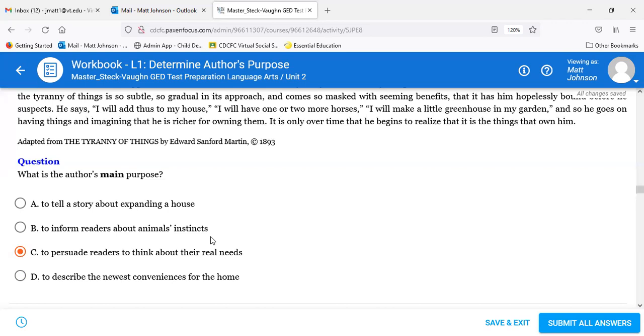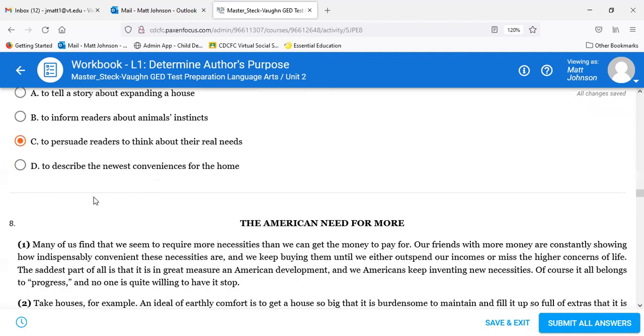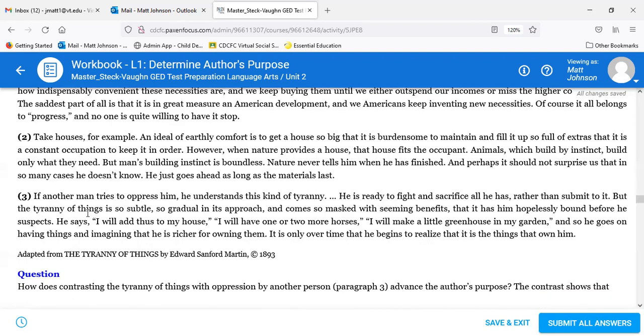In the natural world, an animal either builds a habitat to its size, or it only grows to the size of its habitat. But we just continue to expand. We want bigger houses, we want bigger cars, and we're going to fill them with things. But then those things kind of take possession. Our possessions take possession of us because we let them dictate our lives. And that's kind of what he's going for here. So 7 is C.